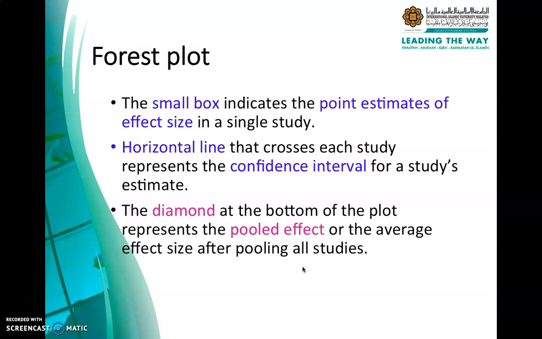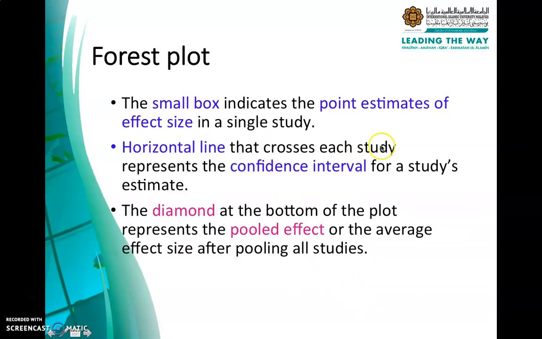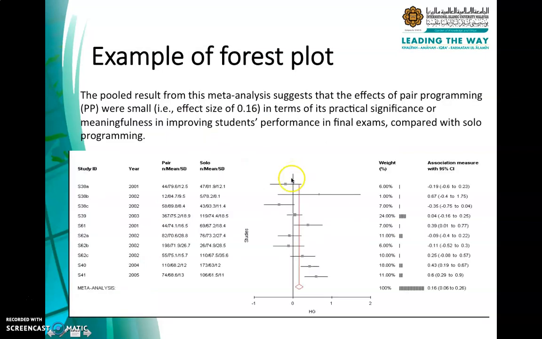So the forest plot shows some small boxes, as I explained just now. The small boxes indicate the point estimates of effect size in a single study. The horizontal line crossing each study represents the confidence interval.